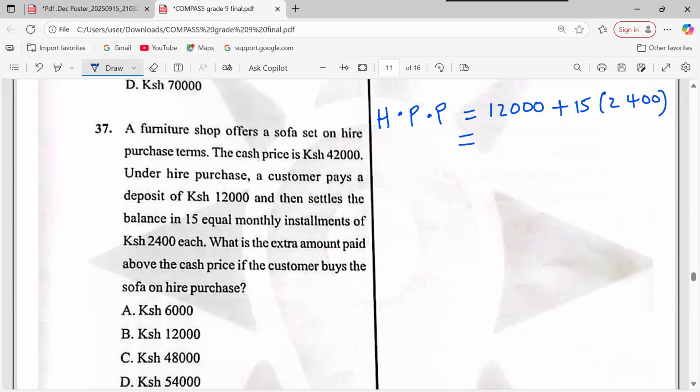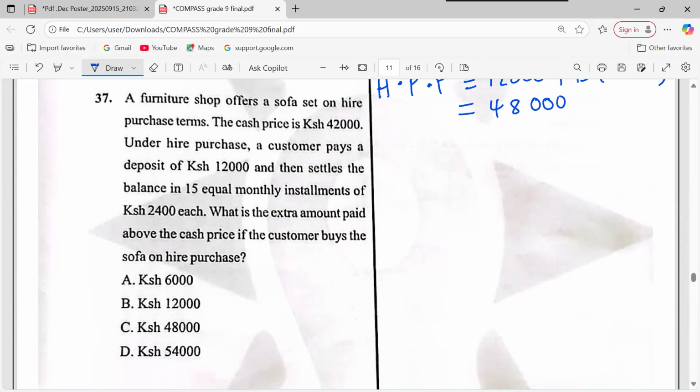So we'll be having 12,000 plus 15 into 2400. This takes me directly to 48,000. 48,000 Kenya shillings.